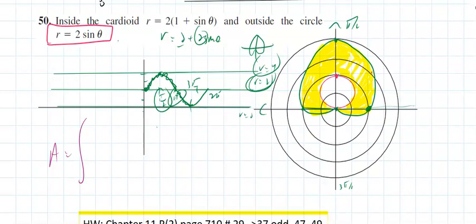Now, if I run this from 0, the tip will be the green, 1/2 the green squared d theta, the green minus, and the inner will be the red. And it's all d theta.